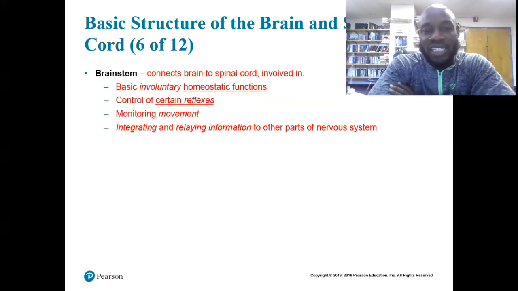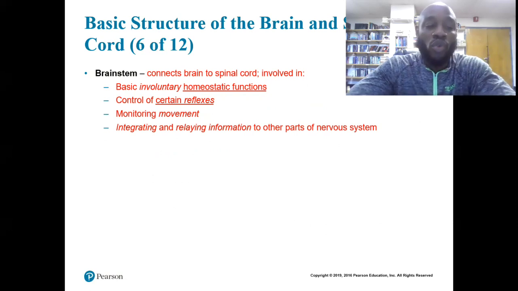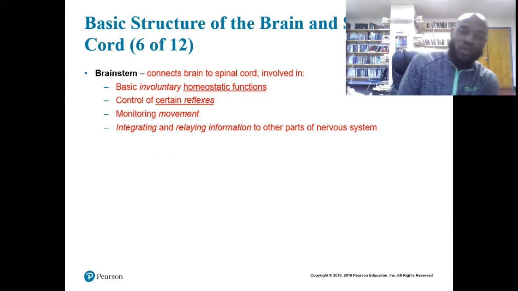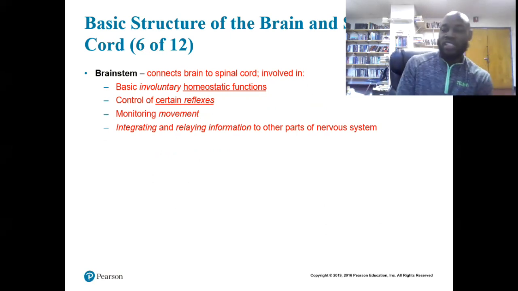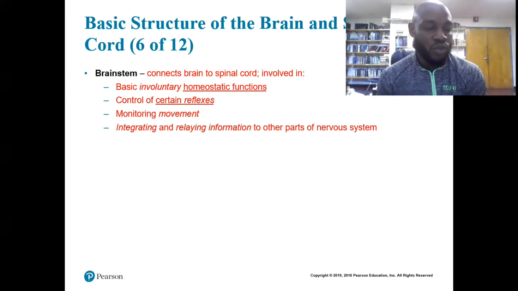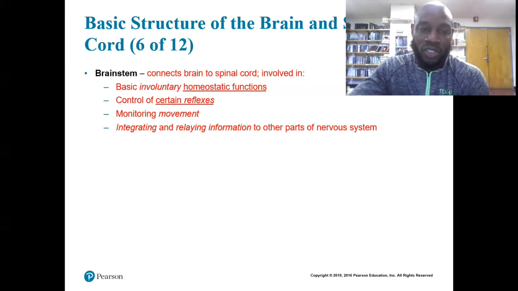And then we have the brain stem, which basically is continuous with the spinal cord, and that's the part of the brain involved in involuntary homeostatic functions, control of certain reflexes. You'll see how we control things like breathing, very, very important things that we do without even thinking. You do it all through the night. You'll see how these are controlled by these parts of the brain.